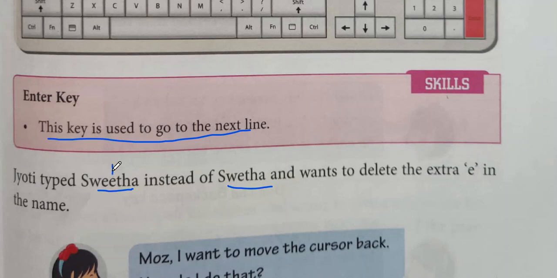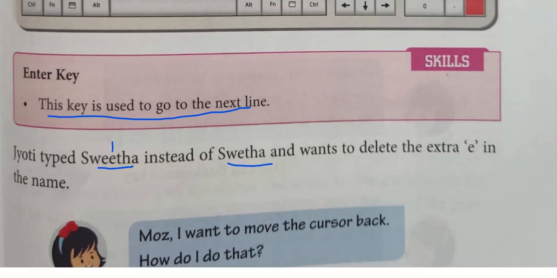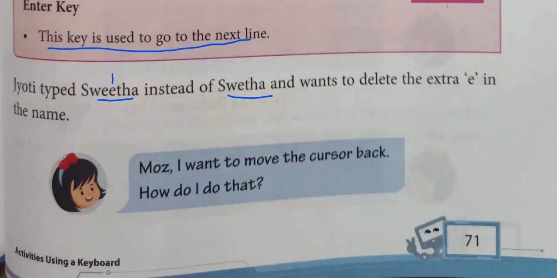Now if she wants to delete the extra key, then what will she do? As it is a kind of typing error, or whenever we write something wrong, then we used to have an eraser with us so that we can erase those wrong things. Similarly, we have that kind of eraser on our keyboard also.